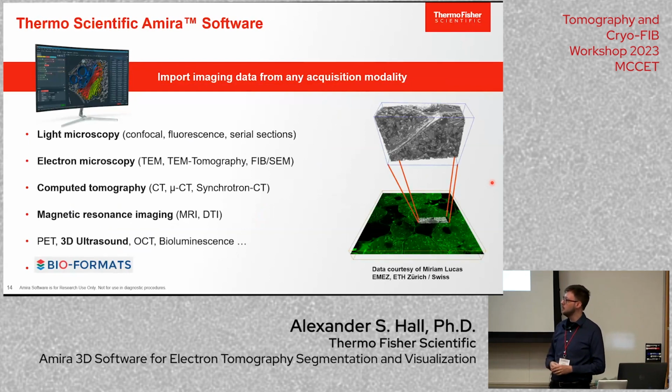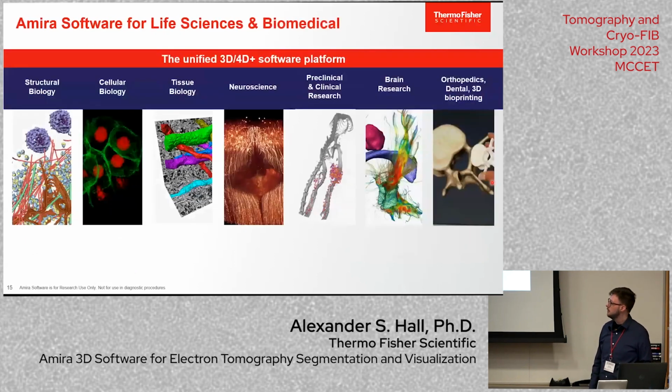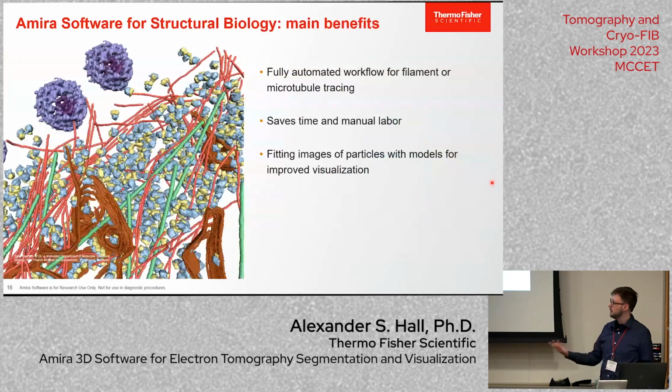And we're working well with MRI data, diffusion tractography, synchrotron CT, you name it. Just another flavor slide of the kinds of things we're doing with Amira. And then specifically for this audience, as I mentioned, in the workshop, you'll get an experience with that same data set I showed a moment ago. So you can see how we're using AI to do the segmentation of these cryo-electron tomography data.